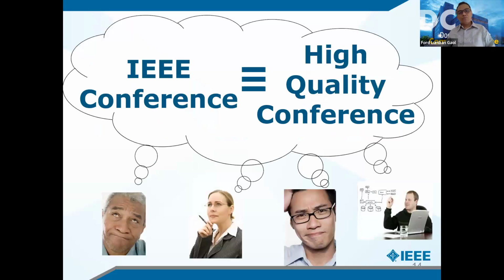Now, when people look at IEEE, many people see an IEEE conference as a high-quality conference. It means this is very important to all of the participants that want to be involved with the conference. It means there are many terms and conditions that you have to follow if you want to get published and put in IEEE Xplore.